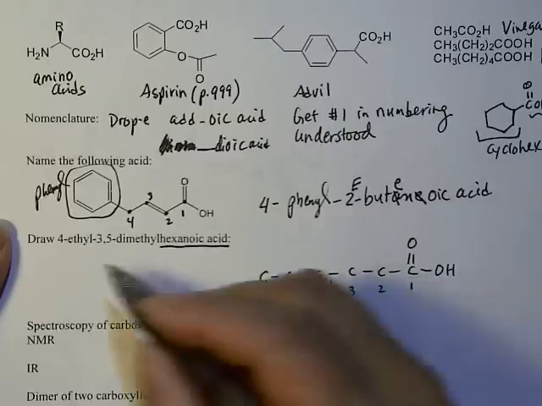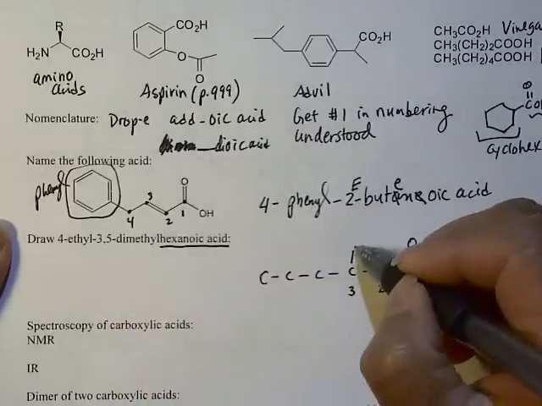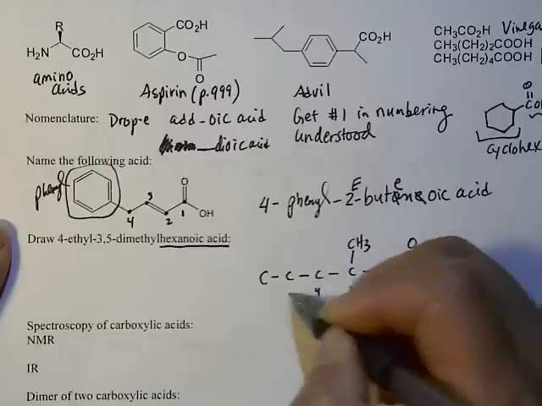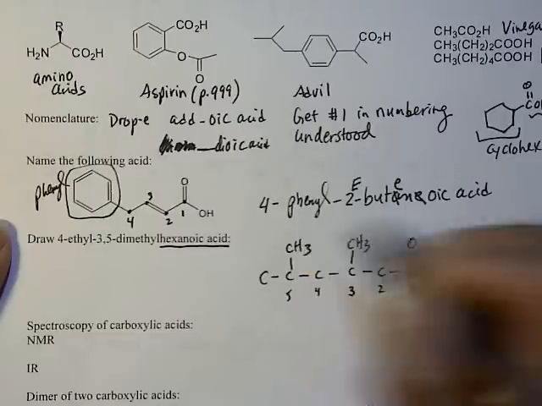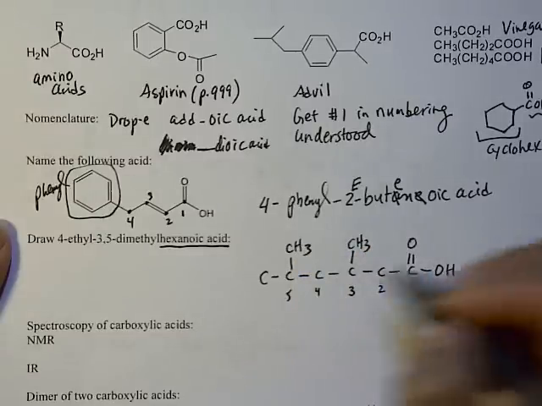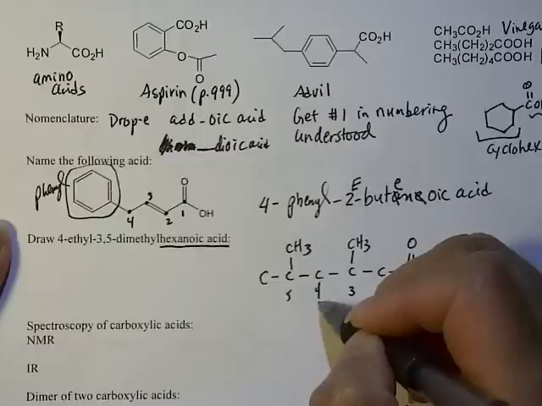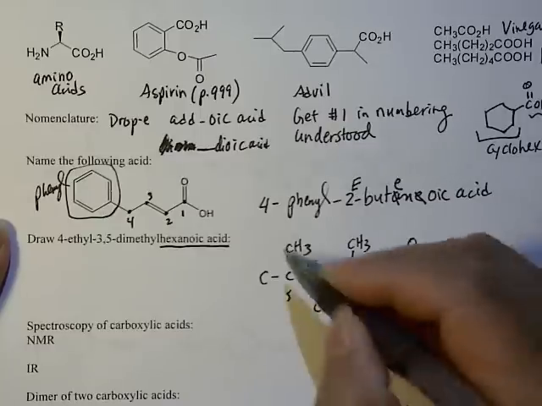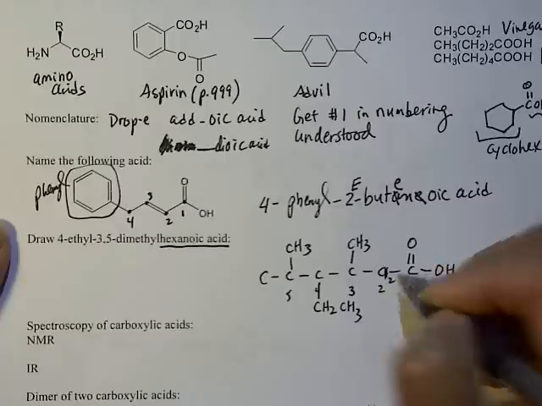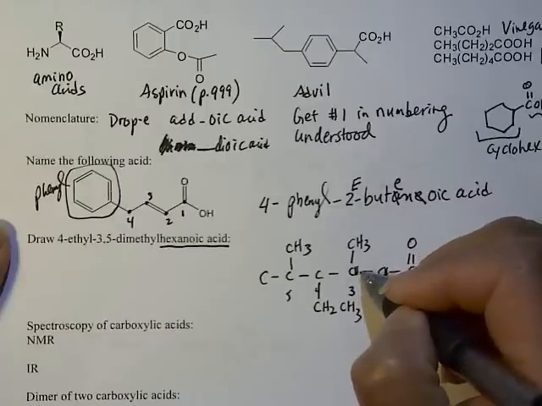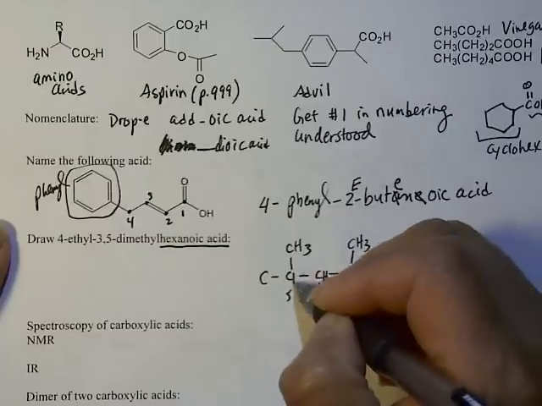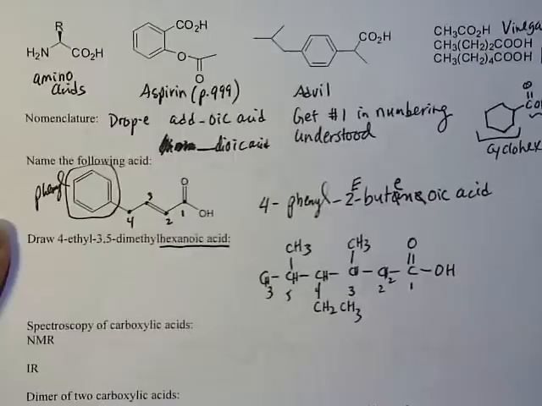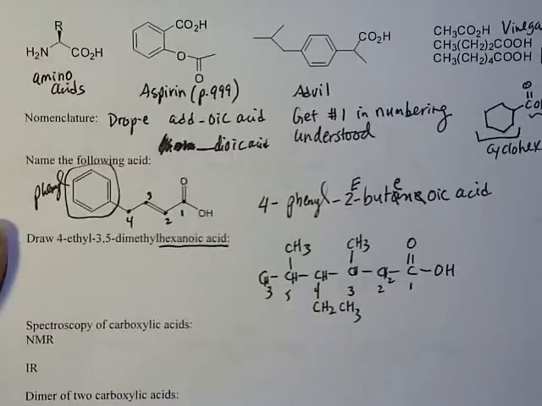Notice on carbon 3, I have a methyl group, and on carbon 5, I have a methyl group for the 3,5-dimethyl. And then on carbon 4, I have an ethyl group. All right, that's the carbon skeleton. You go back, put in the right number of hydrogens, and then you're all set with drawing given a name.